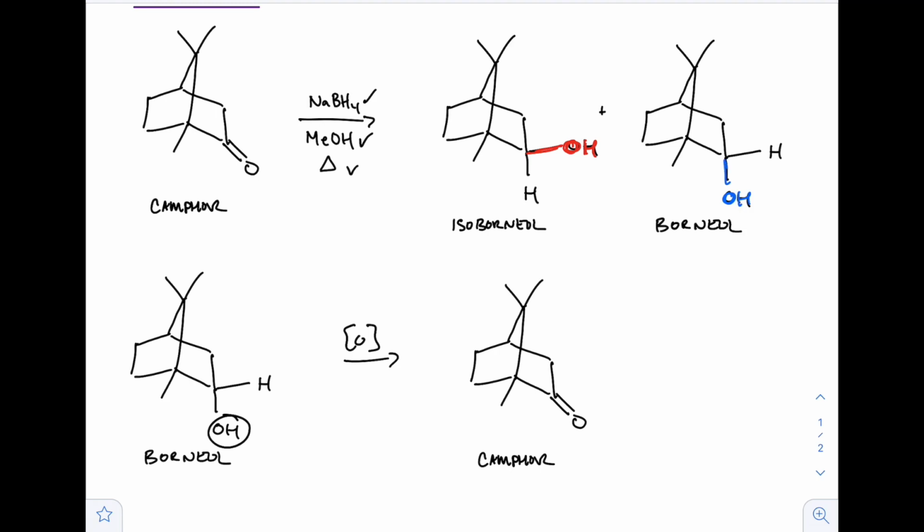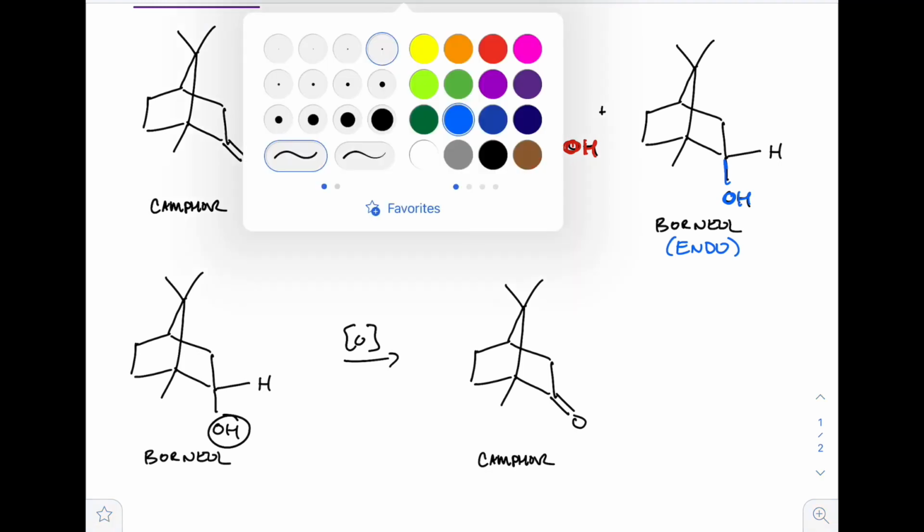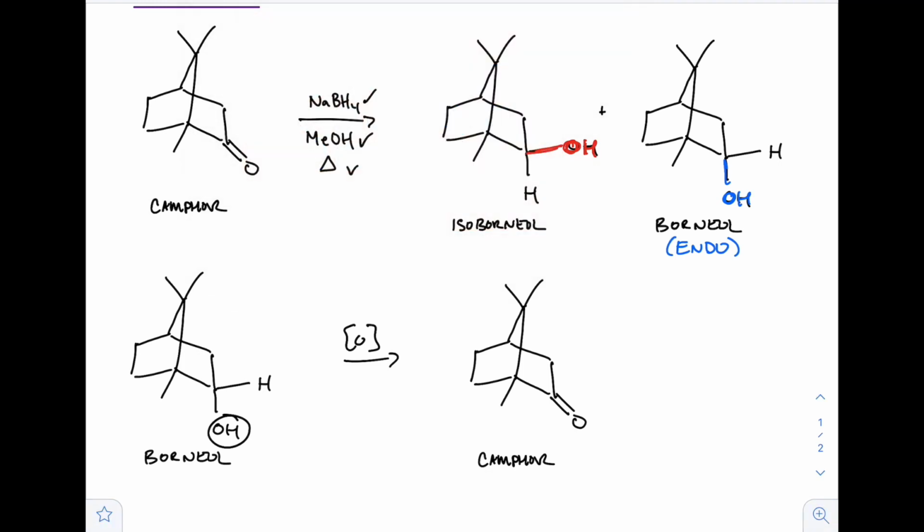Okay. And this borneol with the OH down is called the endo product. Okay, and then with the OH in the upper position, it's called the exo product. Okay, and this just has to do with the orientation of that particular R group, in this case, the OH.